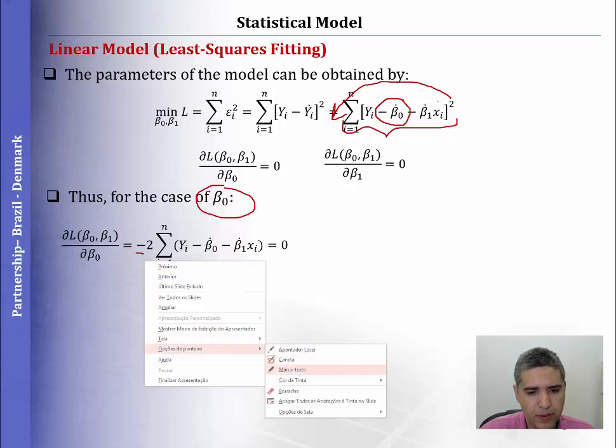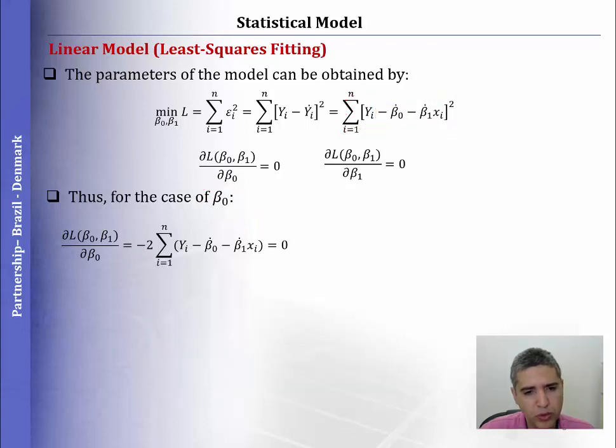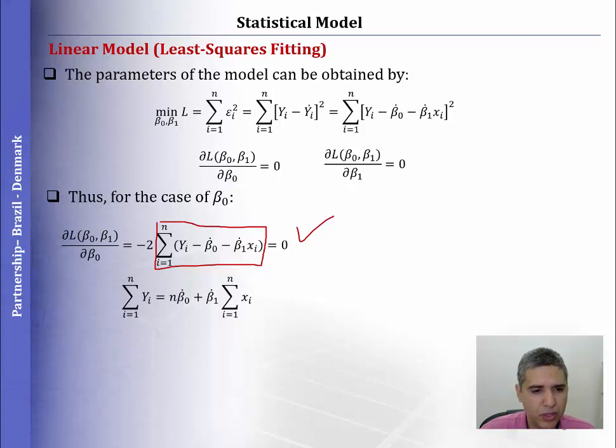Okay, so to develop this function, we need to know that when we multiply a number for a function and it needs to be equal to 0, it means that the function should be equal to 0.